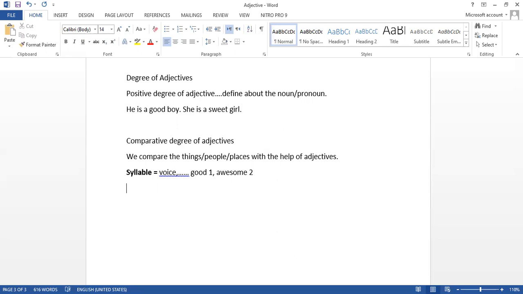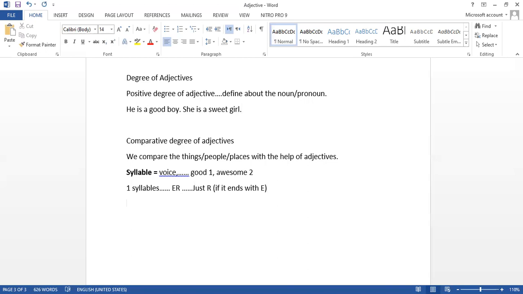Remember, if there are adjectives which have 1 syllable, then you are supposed to add er, or just r if it ends with e.